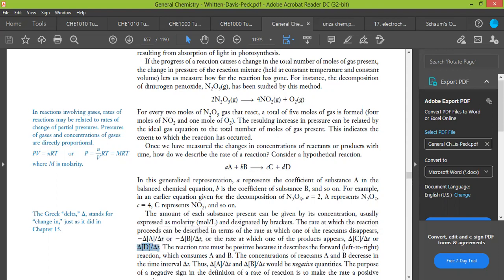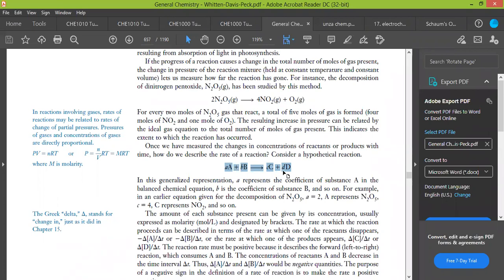So that simply means you have a relationship that connects all the species that you have in this particular reaction. So that equation you've written connects this, meaning I can give you the rate at which A is being consumed, and I can ask you to calculate the rate at which D is being produced. You'll be able to do that because you have that equation that is equating the two.